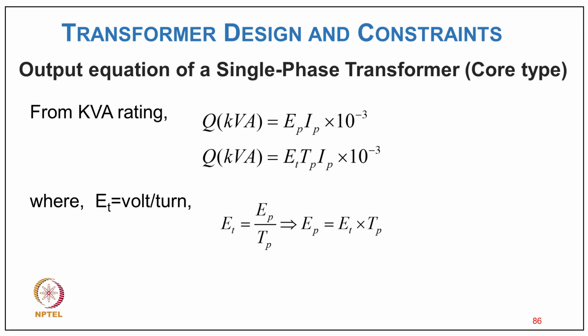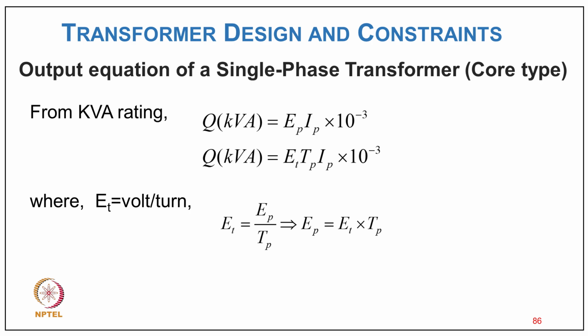And now going to the kVA rating again, output equation: Q equal to kVA equal to EP IP into 10 power minus 3. We can write Q equal to ET into TP into IP into 10 power minus 3, where ET is the volt per turn. So the total voltage of primary divided by the total number of turns gives you the volt per turn here.